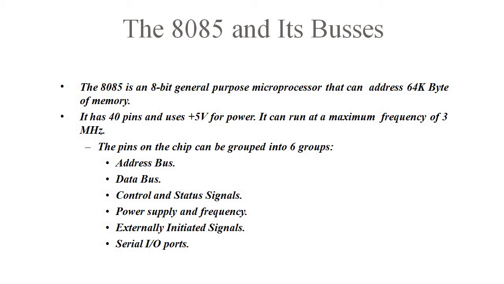The pins on the chip can be grouped into 6 groups, that is address bus, data bus, control and status signals, power supply and frequency, then externally initiated signals, and finally serial input output ports.